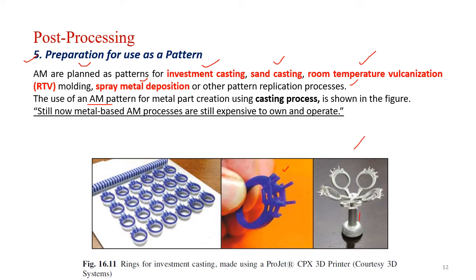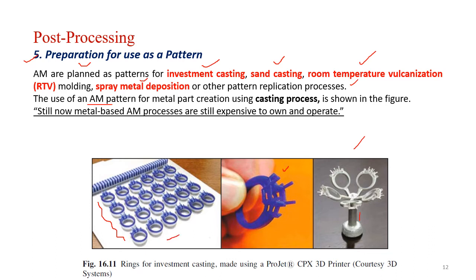So this is the pattern, a close-up of a ring pattern, and these rings are made using the 3D printer, the Projet. Here you can see the collection of rings built on a support platform.